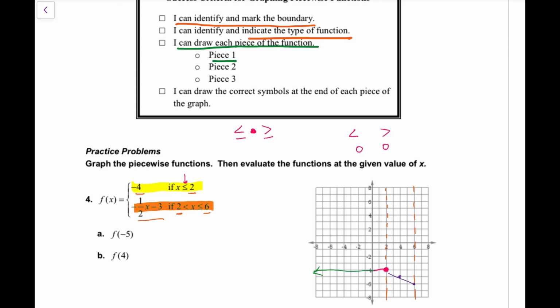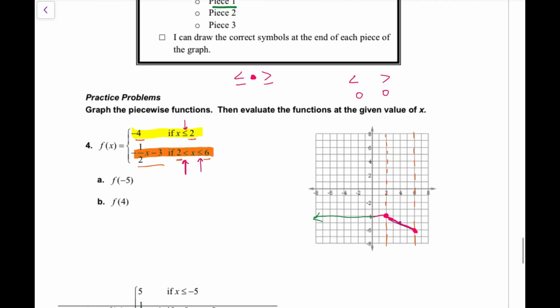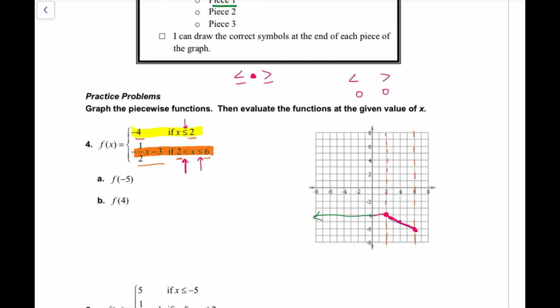If x is less than 2 and in between 2 and 6, right here, it's an open circle. But since it overlaps with a closed circle, we can just have it be a closed circle there. Then we have our graph line here. This right here is a less than or equal sign, so we're going to have a closed circle there as well.